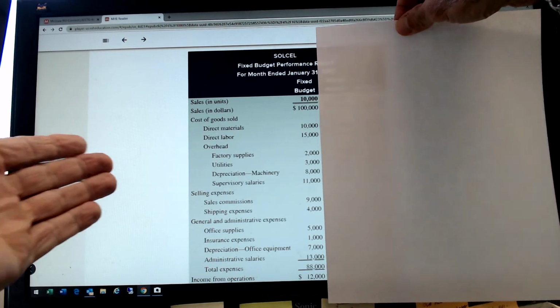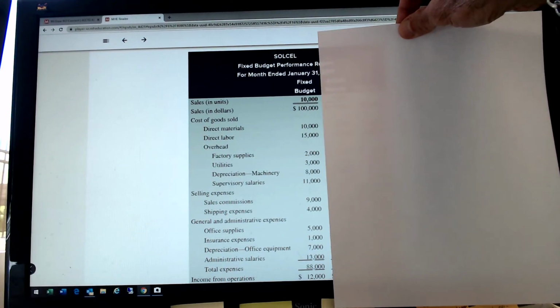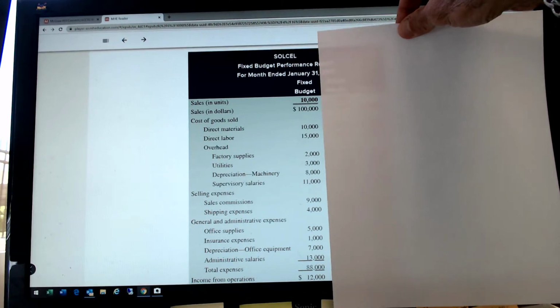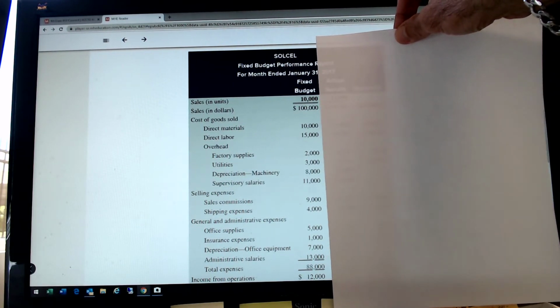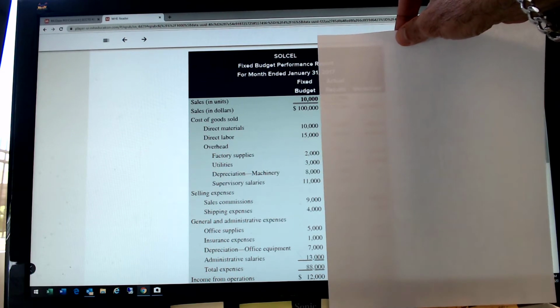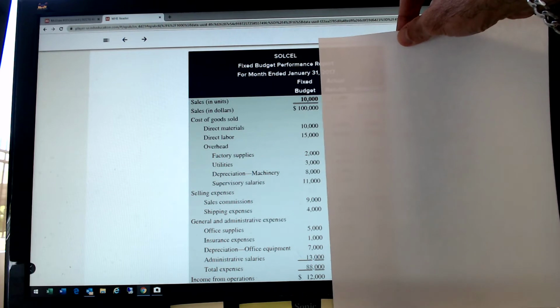Then here's my cost of goods sold: materials, labor, my various overheads, my selling expenses for those 10,000 units sold, and my general and administrative expenses at that level. So I should make what? $12,000. That's my fixed budget, because it is the revenues and expenses that I'm budgeting at 10,000 units of sales.